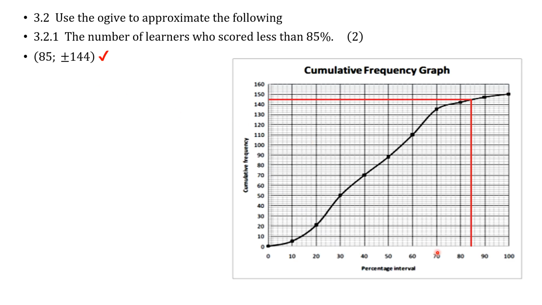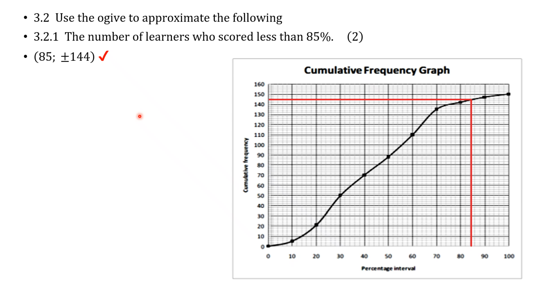Right, so if we take here on the graph percentage interval, there's 85 between 80 and 90. If I go up and I make contact with the graph there and I go across, you'd see that it's somewhere between 140 and 150. Yeah, my estimated plus minus 144, right?